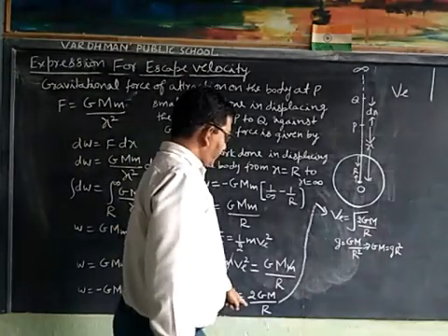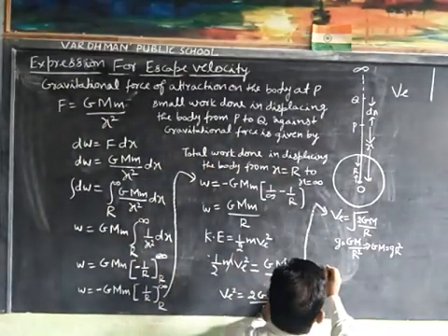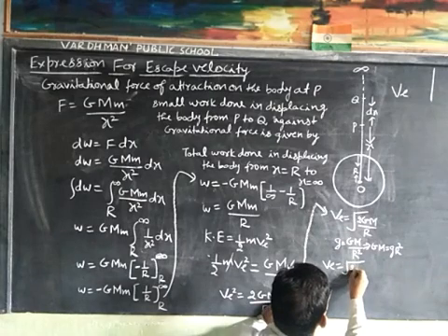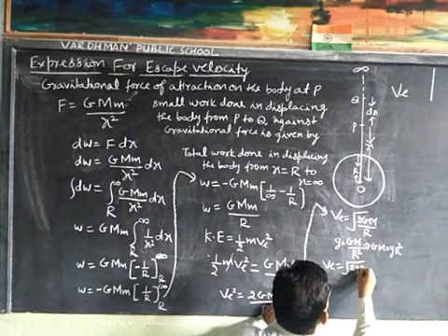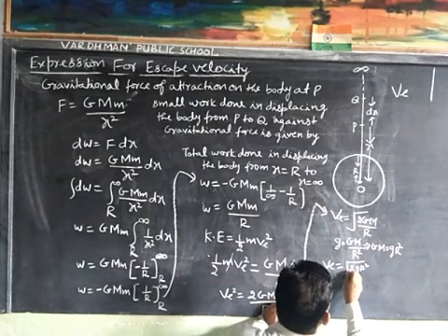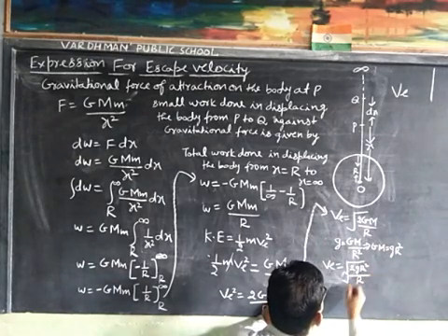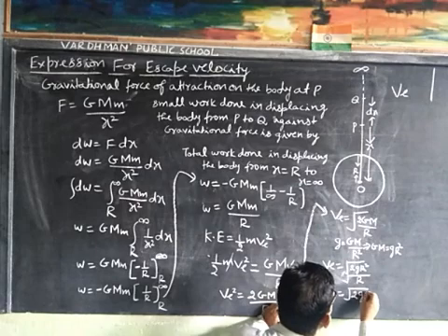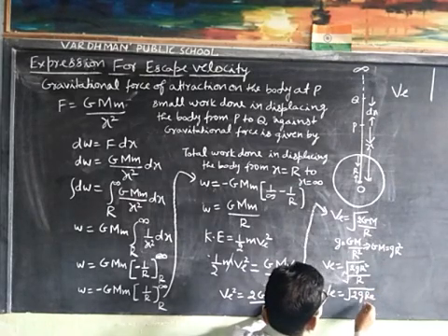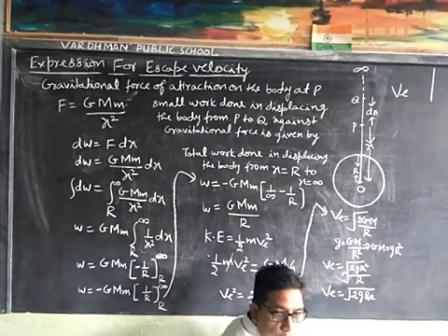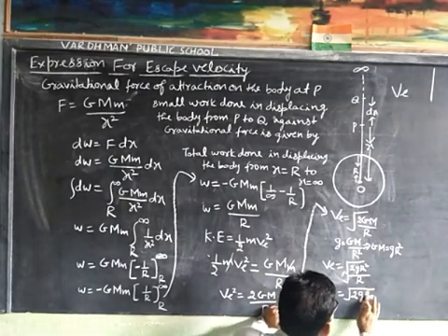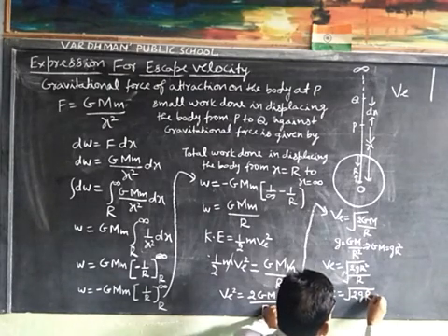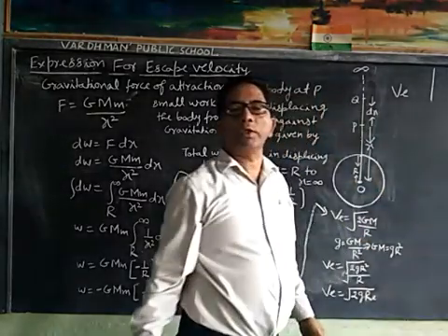Then VE is equal to under root 2gR square upon R, cancel R, VE is equal to under root 2gRE, where RE is the radius of Earth.